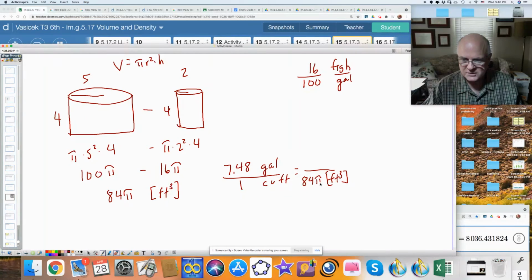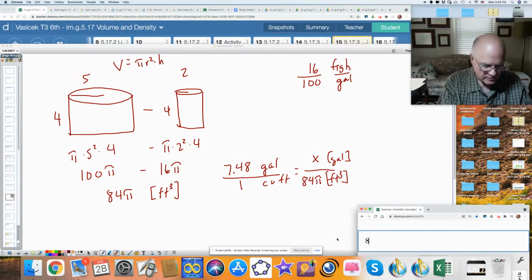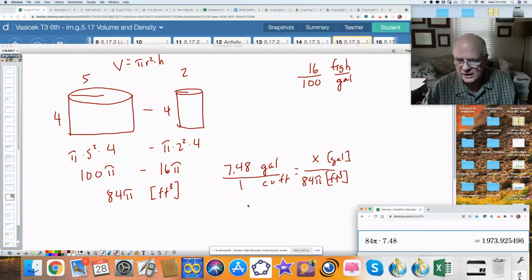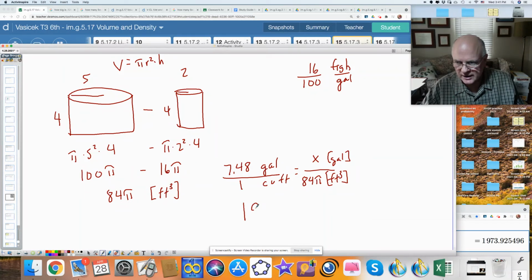And I want to know what is the volume in gallons. So this will be X. When I cross multiply, I do 84 pi times 7.48. I get 1,974 gallons. Whoa.